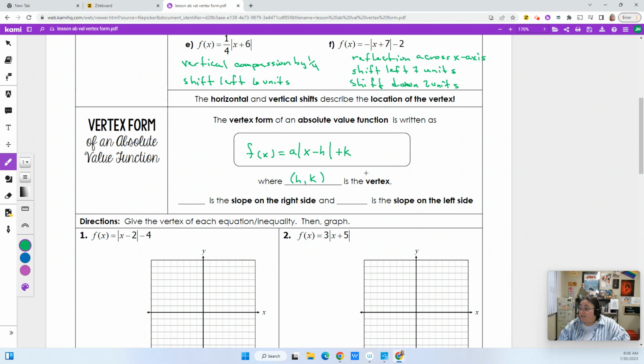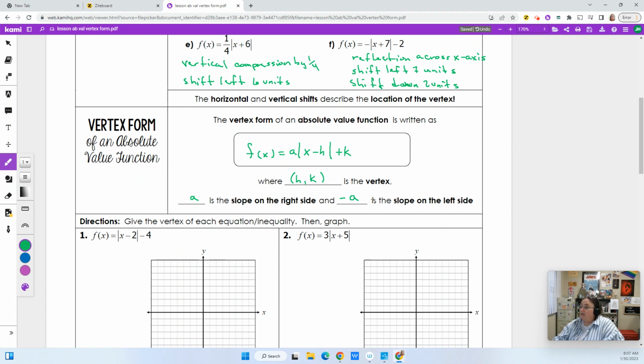So h and k, we're saying that (h, k) is the vertex. h would be our x value and k would be our y value of the vertex. And that gives us that point where everything is symmetric on either side of it. What it really helps us do is determine where we start our graph, right? a is the slope on the right side, and negative a would be the slope on the left side.